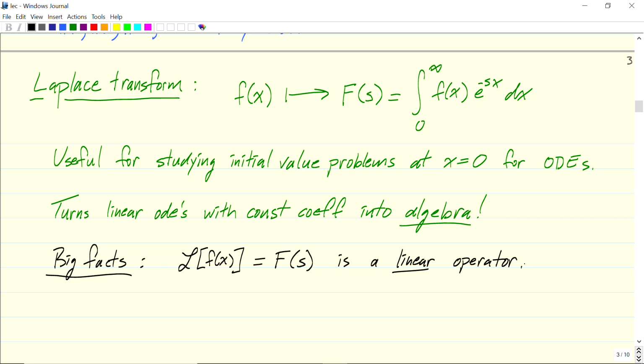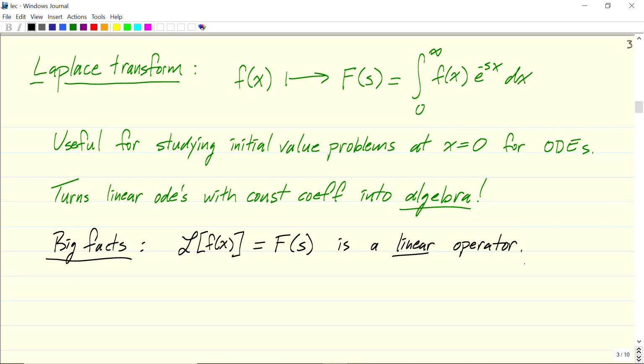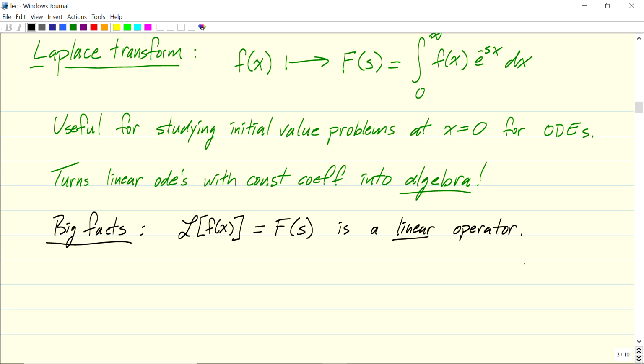That's easy to check. You just put an f and a g inside that integral. Since the integral is linear, the Laplace transform is linear. That's a big fact.